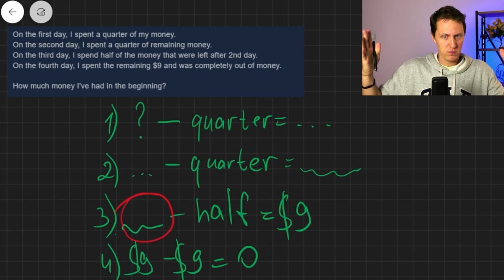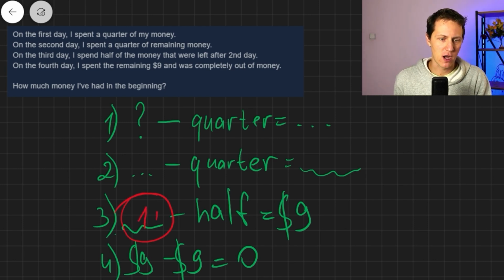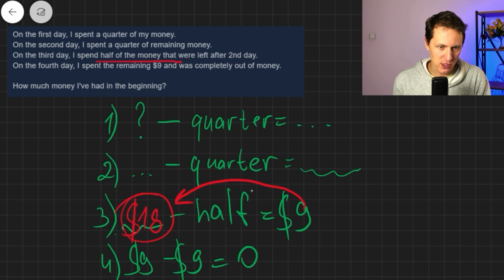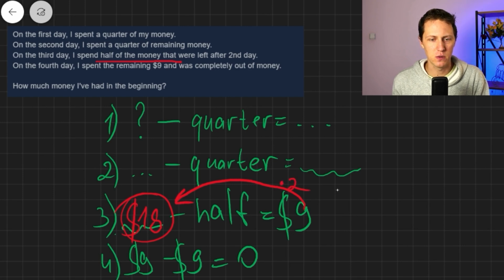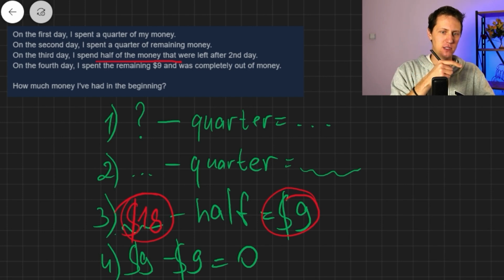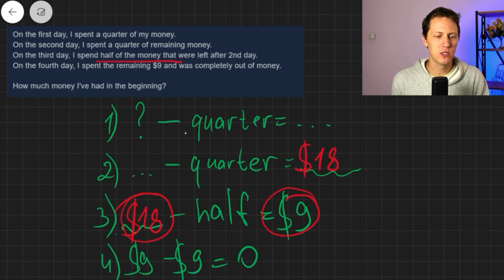So the full sum should be 18. $18 minus half obviously means 9. If we subtract half of the money, then to reverse this action, you have to multiply by 2. To reverse $9 back to 18, you have to multiply it by 2. So we had $18 as the remaining sum after the quarter subtraction in the second step. How much money did we have before subtracting a quarter?